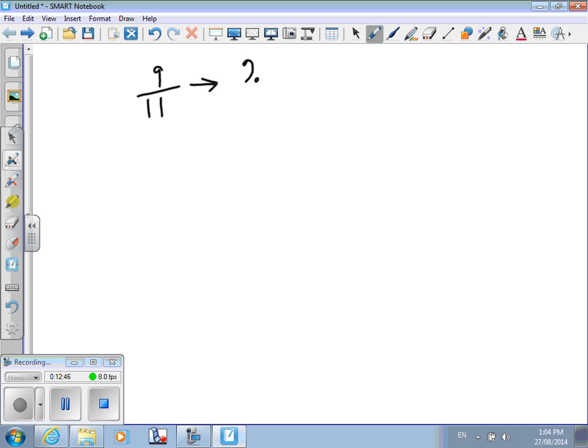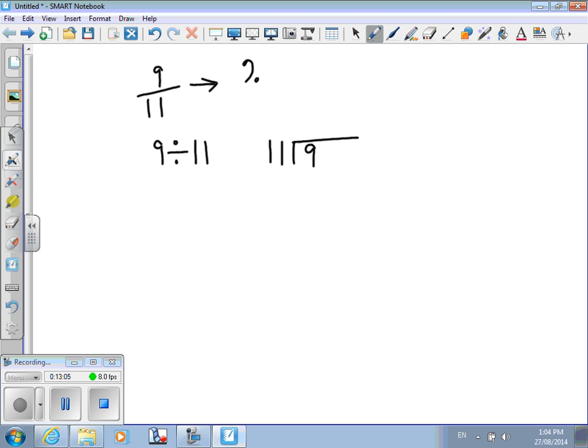Well, we said that the first thing we needed to do was think of 9/11 as being 9 divided by 11. So to set that up, 9 divided by 11 will look like this.